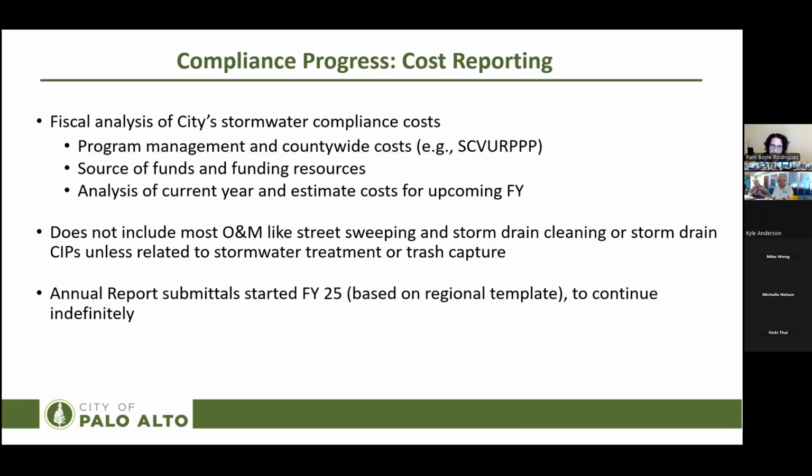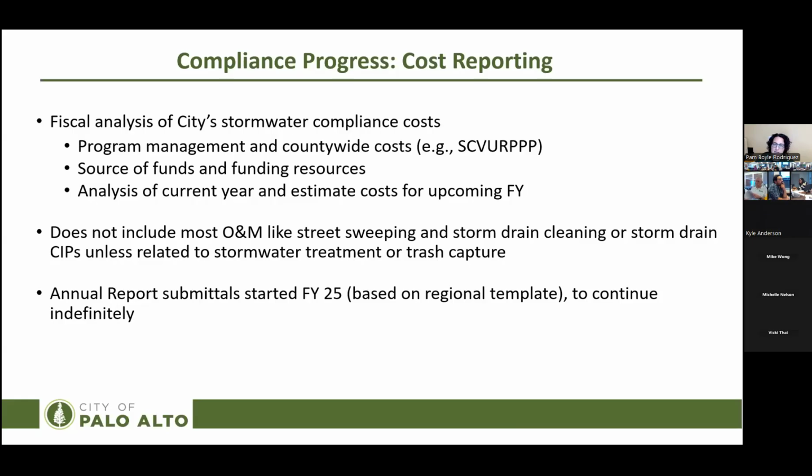We did not look at things like street sweeping and storm drain system cleaning, because those things are not required by the MRP. Although we might receive some partial credit in terms of trash reduction, they would happen whether that MRP was in place or not. So we do not count it towards our stormwater cost reporting.